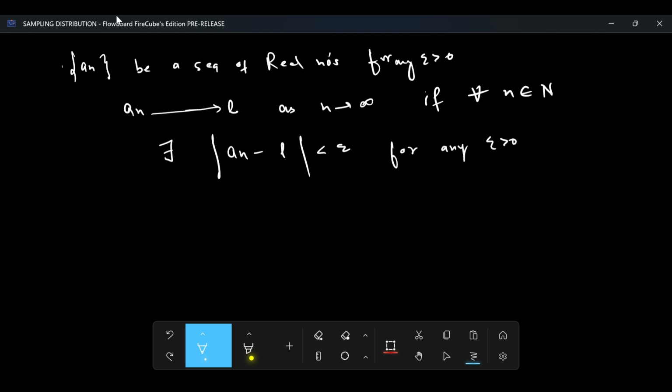That is, we say that the limit as n tends to infinity of a_n is equal to L.